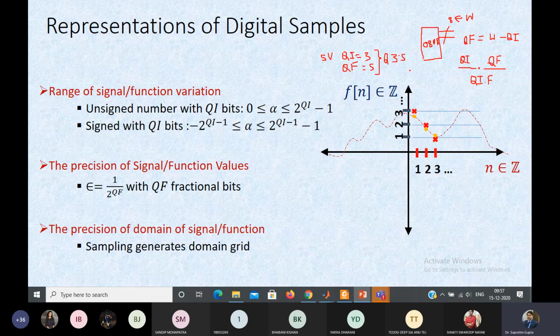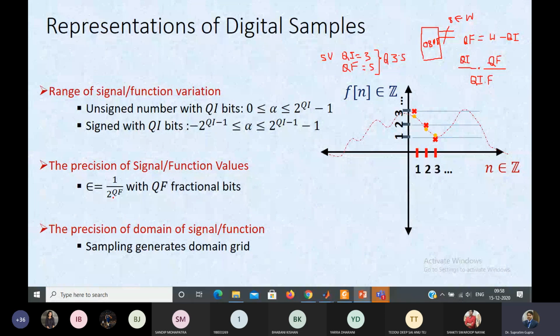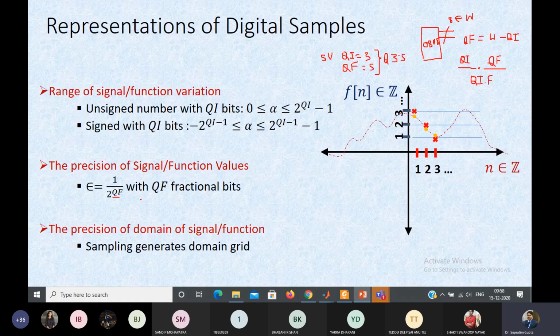Very often we need this, and we'll see with an example how these come. Sometimes we have the precision also. Once the precision QF is defined, we can utilize it to convert the floating point number to a fixed point number, and then we find the integer field or the word length if it is not fixed. Then we have the precision of the domain or the signal function.